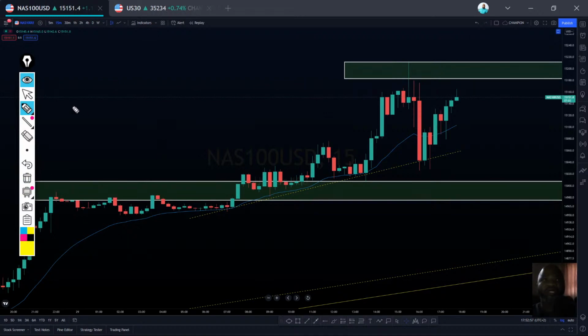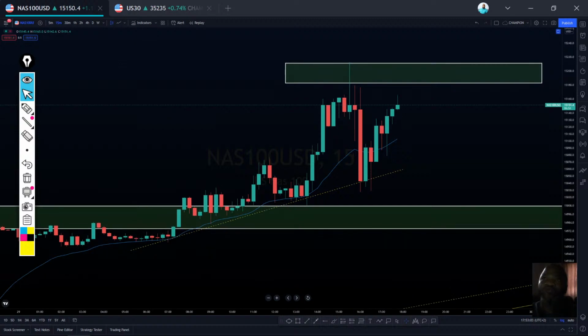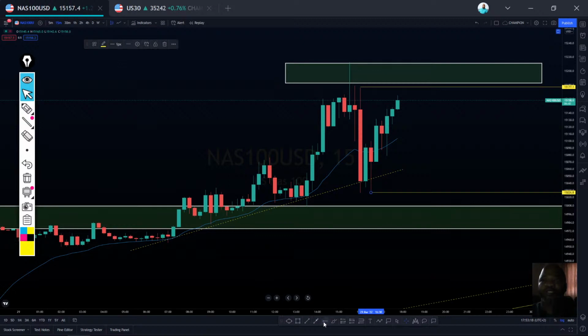So usually what I trade, I was about to show you, I draw some lines for me to be able to tell whether the price will reach, break or respect the area. Usually I draw this type of lines where the price respected the area.